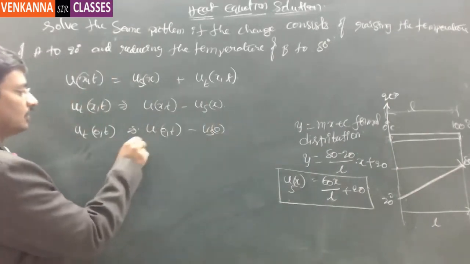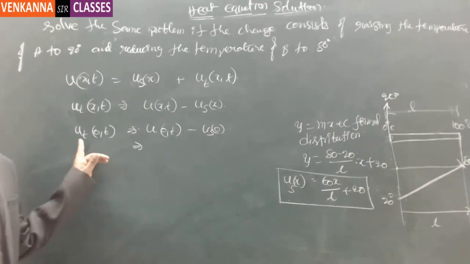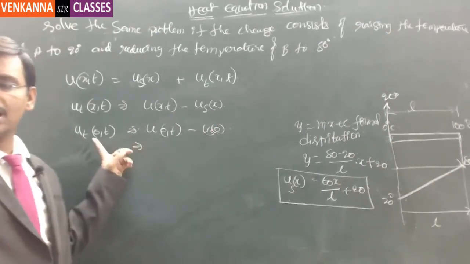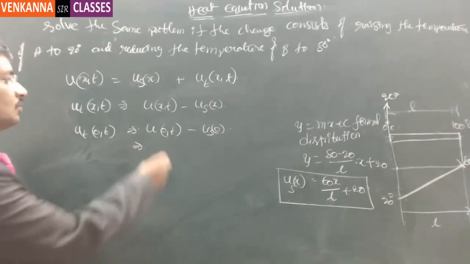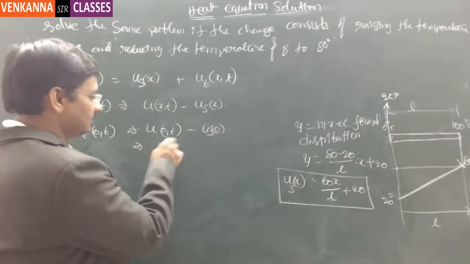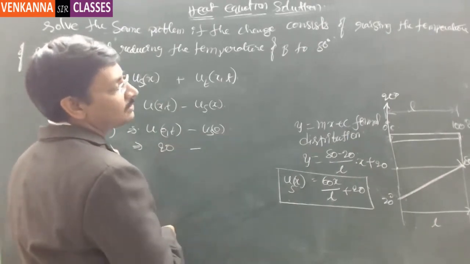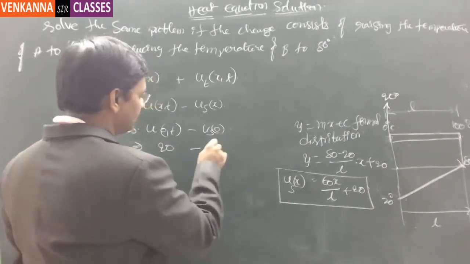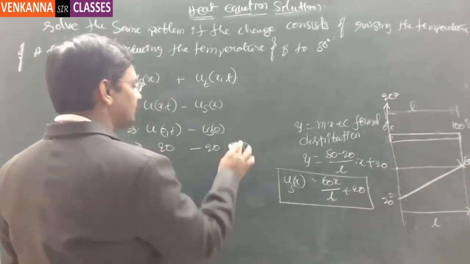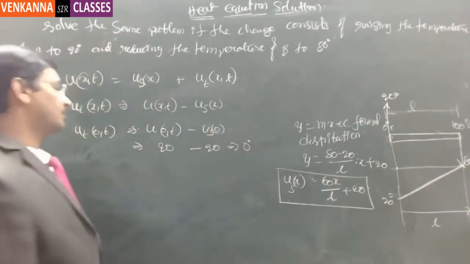So this value is the temperature at x equal to 0. What is going to be the transient temperature? That is u of 0 comma t, which is initially 20 degrees centigrade, and u_s of 0 is again 20 degrees centigrade. So this is going to be 0 degrees centigrade. Got it?